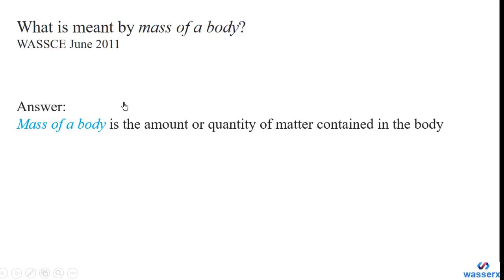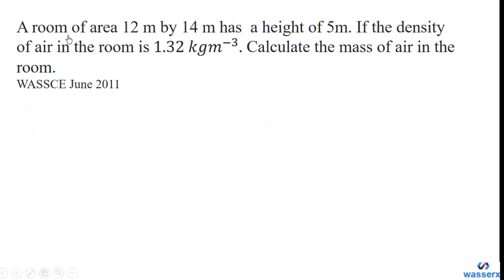Now let's take some calculation questions. A room of area 12 meters by 14 meters has a height of 5 meters. If the density of air in the room is 1.32 kilogram per meter cube, calculate the mass of air in the room.